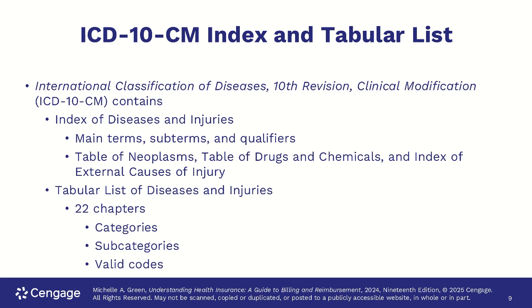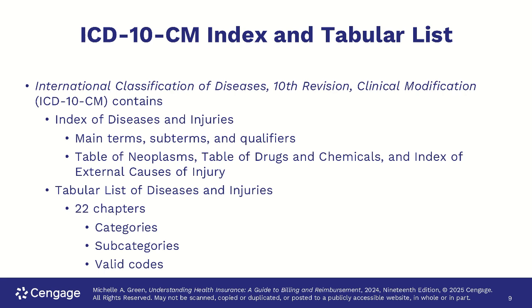All right, so let's talk about the actual manual. As you know, there is a single manual for ICD-10-CM. It is divided into two parts: the alphabetical index and the tabular list. The alphabetical index is divided into four parts. You have the index of diseases and injuries, the table of neoplasms, the table of drugs and chemicals, and then the index to external causes of diseases.